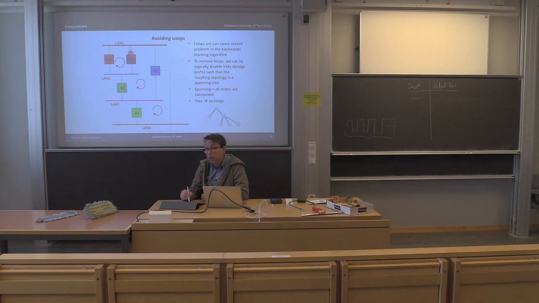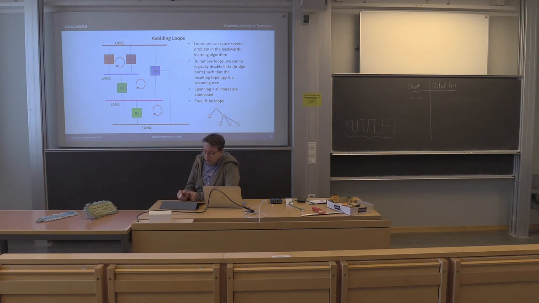So this is for redundancy, for tolerance against failures. But anyway, there could be a misconfiguration or an intended configuration. But if we have these loops, then this backwards learning doesn't work. Okay, so then we need to do something about that.